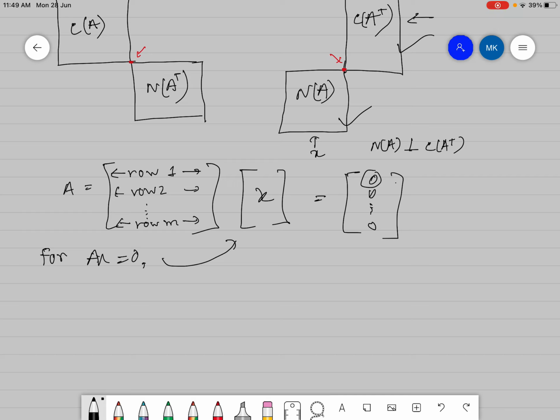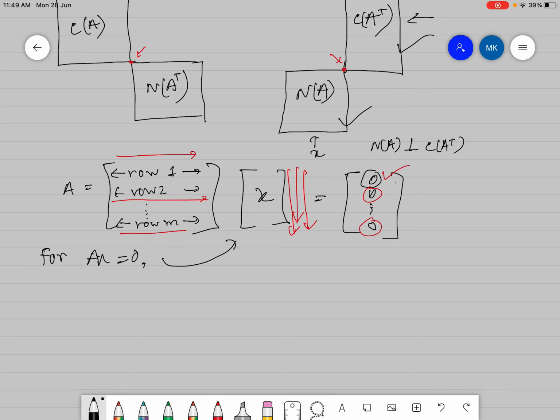You multiply this row with this x and you get this 0, right? You multiply row 2 with this x and you get this 0, right? You multiply the last row with this x and you get this 0, right?